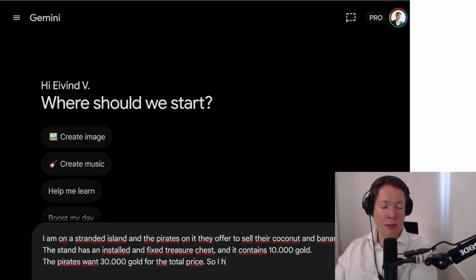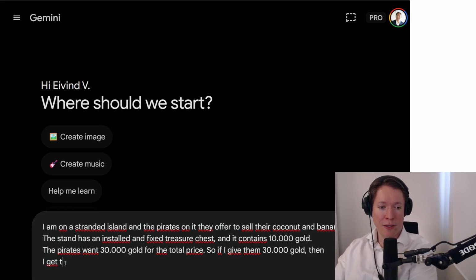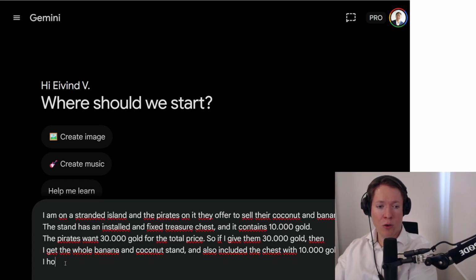So if I give them 30,000 gold, then I get the whole banana and coconut stand, and also included the chest with 10,000 gold. I hope they are not lying, and there is indeed gold in the chest.